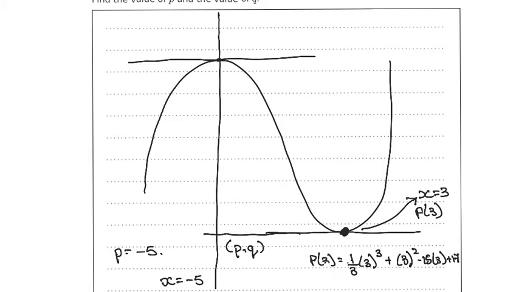And when you work it out, that is equal to negative 10. That means that Q is equal to minus 10. Therefore, the point P, Q is the point minus 5, minus 10.